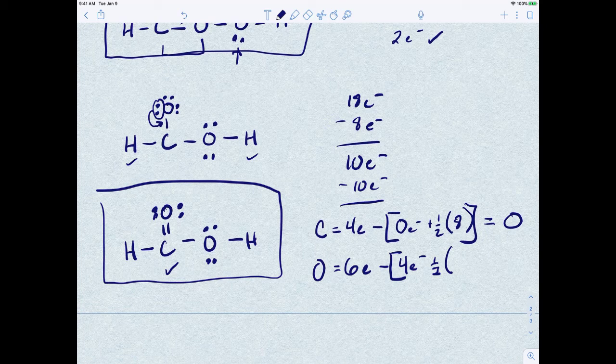Half of that gives you 2, plus 4 would give you 6. 6 minus 6 gives you 0. And there we are. So in this case, carbon and the oxygen also have formal charges of 0. And if you calculate the hydrogens and the other oxygen, that also should be 0. So that's how you know you have a good Lewis structure.